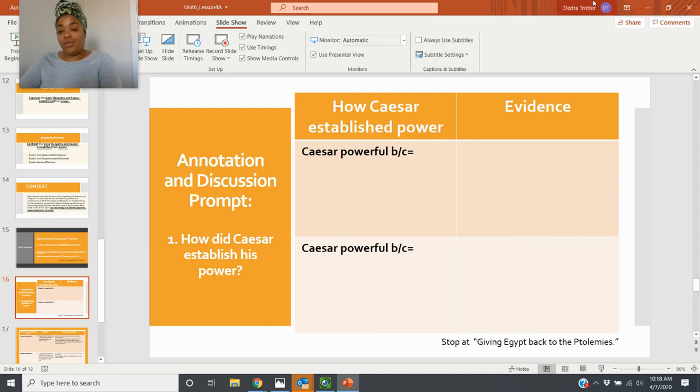And the box to your right is labeled evidence. We're going to label the boxes on our left Caesar powerful because. And then as we read, we're going to complete that statement.